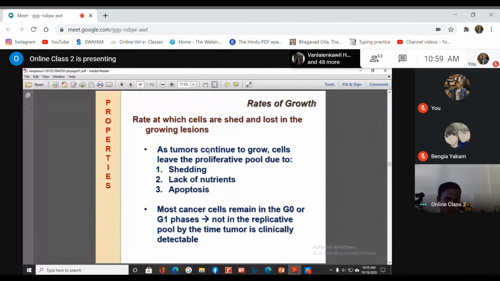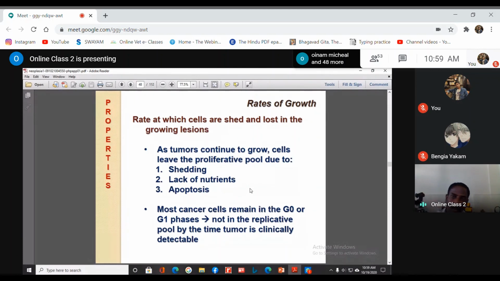Then the next feature is the rate at which the cells are shed or lost in a growing lesion. That means that as the tumor grows, the cells leave the replicative pool due to shedding, lack of nutrition, or apoptosis.